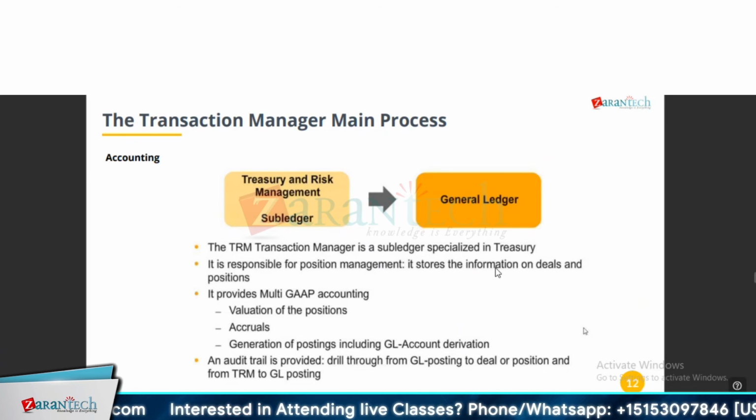Whenever there is any position we have to post to, it stores that information on deals and positions, the position management procedure. And also the GAAP accounting, we have the valuations, accruals, and all the postings related to GL account derivations being stored in here.